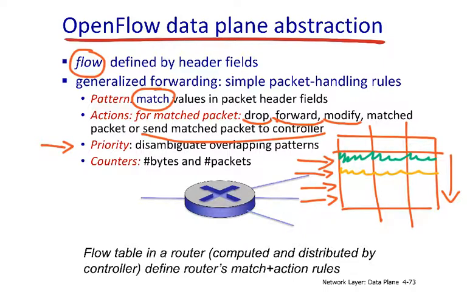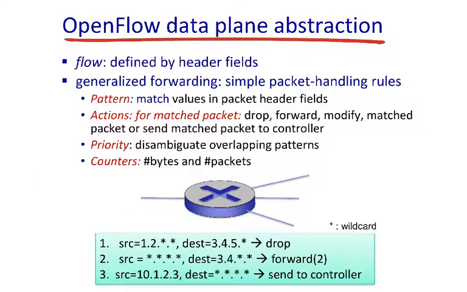Finally, the counters. The counters will let the controller know how the network is behaving, so it will have a bigger knowledge about what to do with the routing, if it is necessary to change the routing or to do some other operations to improve the performance of the network.